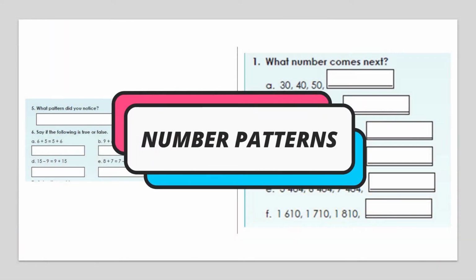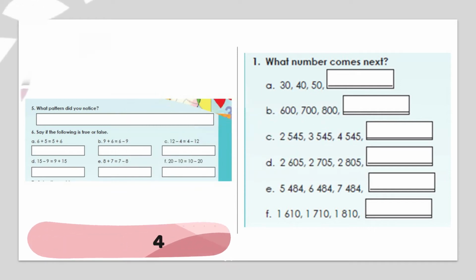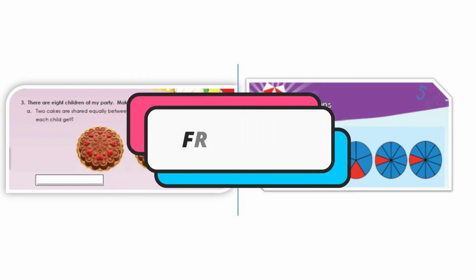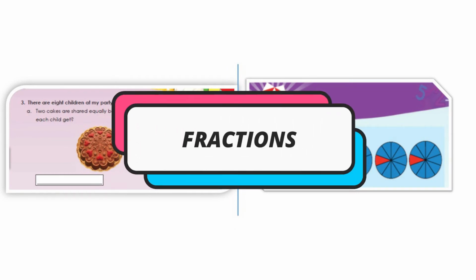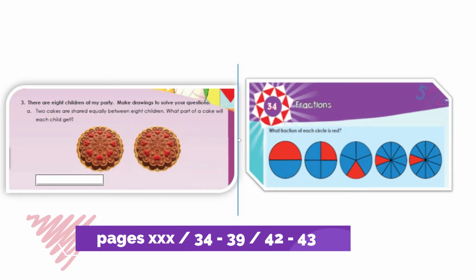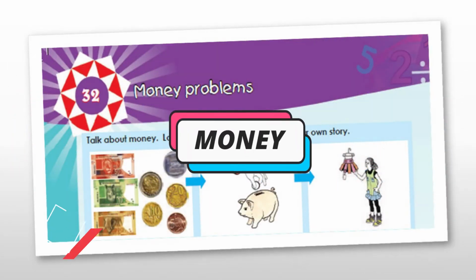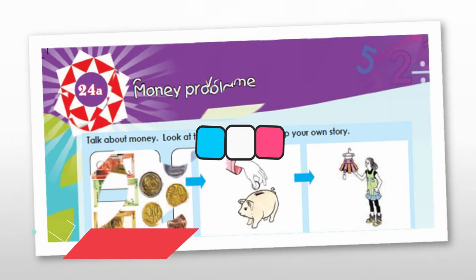Exercises on number patterns can be found on the revision pages 13 and 14. A variety of fraction exercises are found in the book on revision page 30, pages 34 to 39, and from pages 42 to 43. Money exercises are found on page 100.